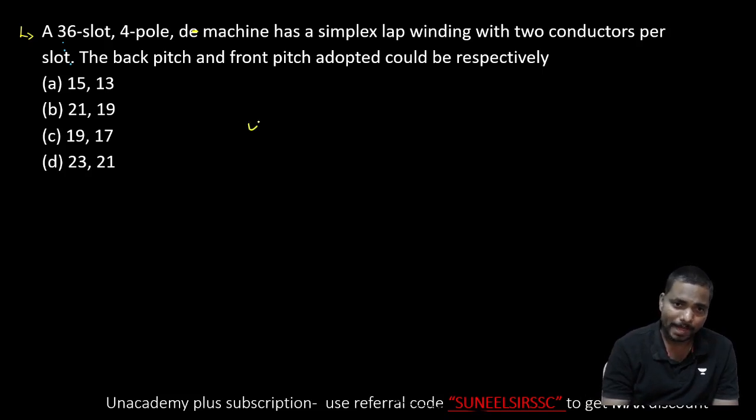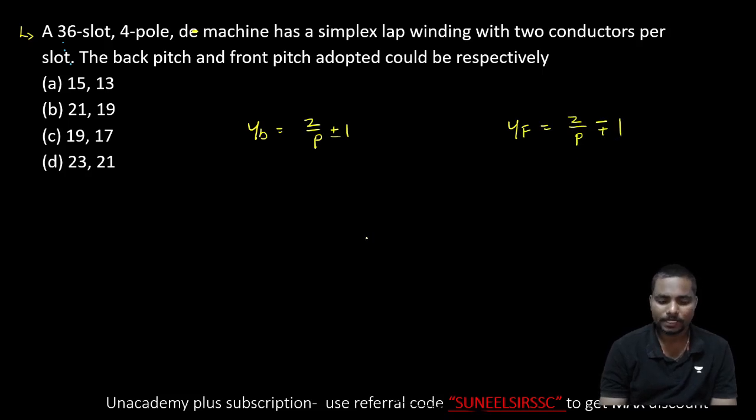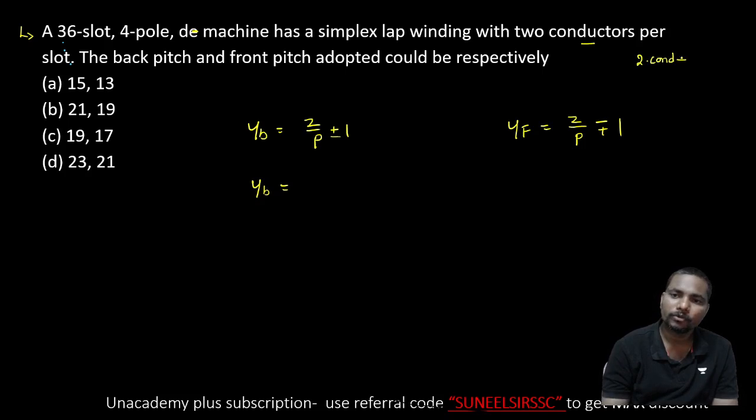We know the back pitch is Z by P plus or minus 1. In the same way, front pitch is Z by P minus or plus 1. So if you calculate this, you will get Z by P plus or minus 1, number of conductors by poles. How many conductors do we have? Two conductors for one slot, and total slots are 36.